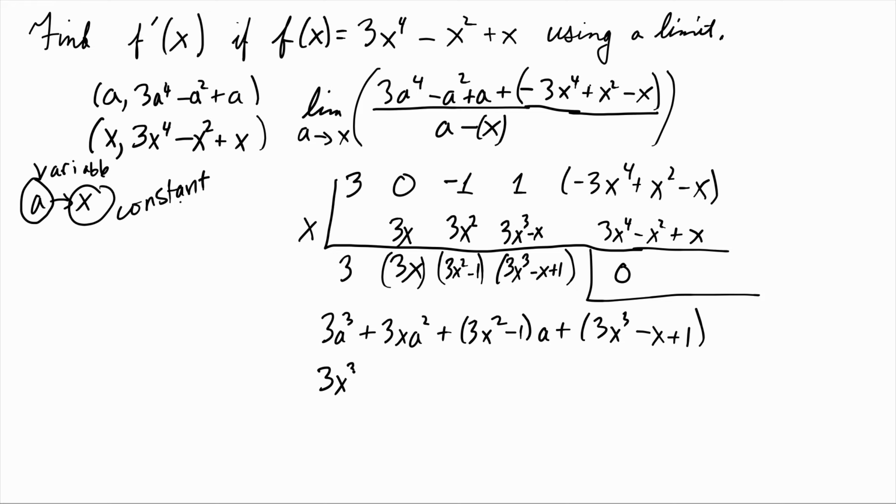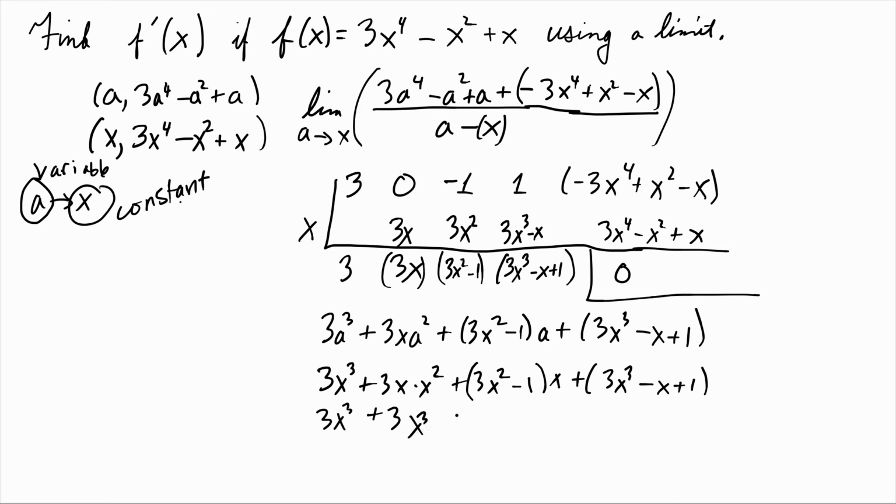So plugging x in for a: 3x cubed plus 3x times x squared plus 3x squared minus 1 times x plus 3x cubed minus x plus 1. And we get 3x cubed plus 3x cubed plus, stripping the x in, 3x cubed minus x plus 3x cubed, and then we had minus x plus 1.